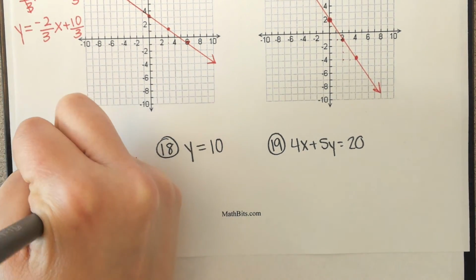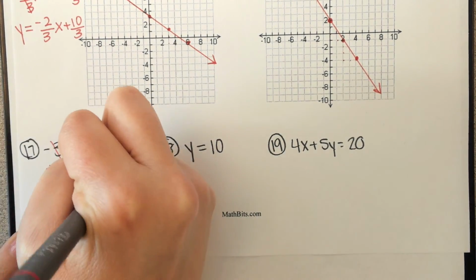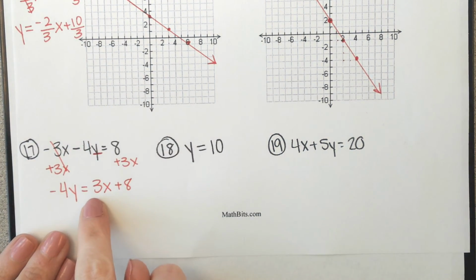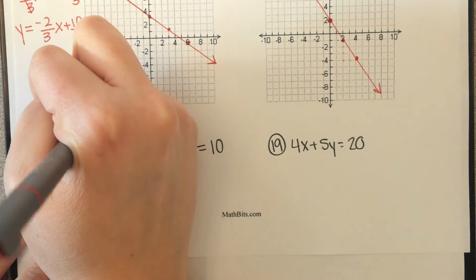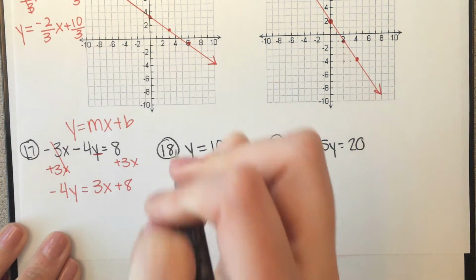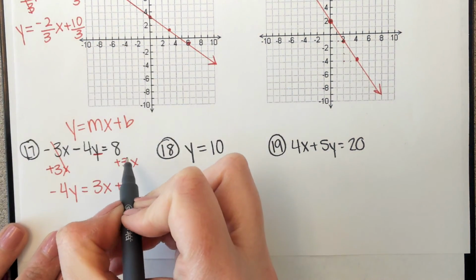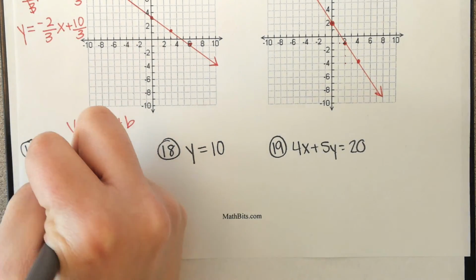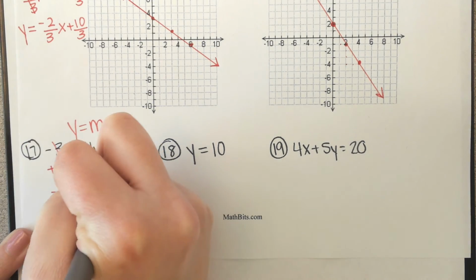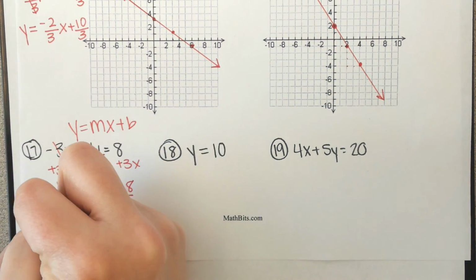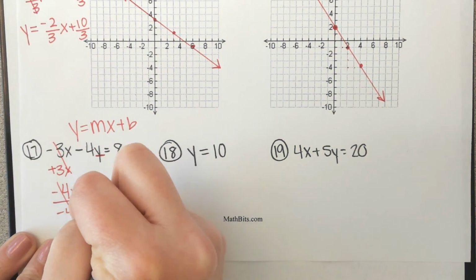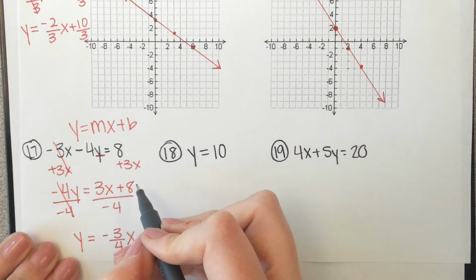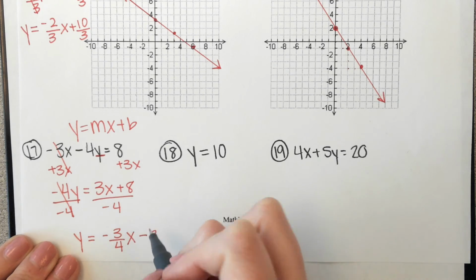We have negative 4y equals, I'm putting the 3x in front because that's our slope-intercept form. We want these to be in y equals mx plus b form. So we're putting the thing with x in front and our constant in the back. Now we're going to divide everything by negative 4. And you get y equals negative 3/4 x minus 2. Because 8 divided by negative 4 is negative 2.